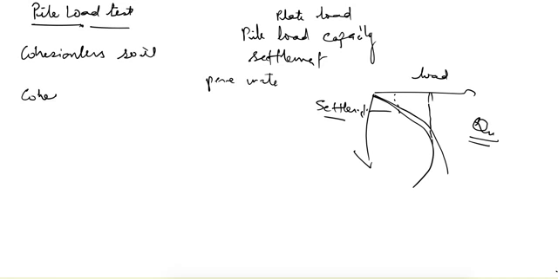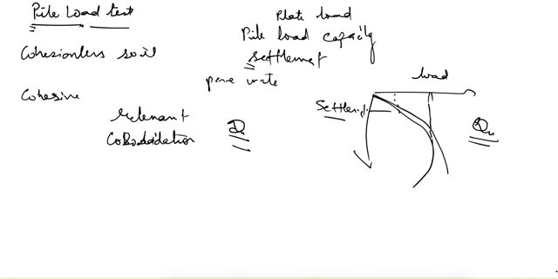In cohesive soil it is also useful, but obviously when it comes to settlement in cohesive soil, these tests are not very relevant, because the settlement is time taking in cohesive soil, which we know is called consolidation. So if we are trying to find out the settlement, this pile load test is not very useful, but for ultimate load capacity we can use it.